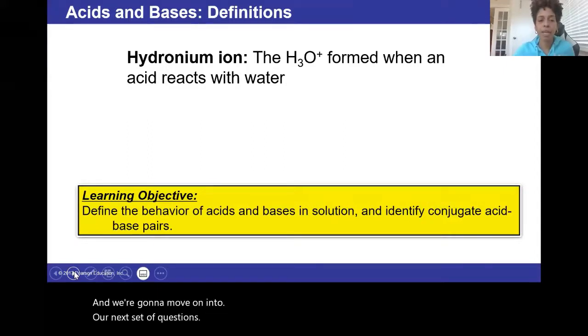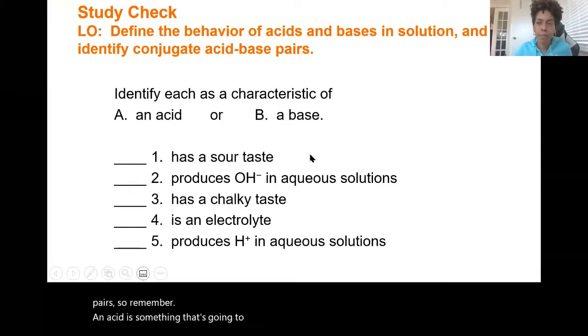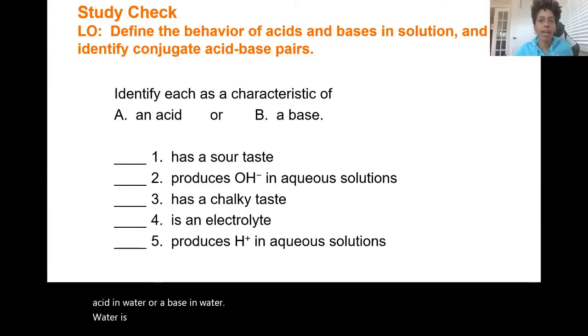So identifying the behavior of acids and bases in solution and identifying conjugate acid-base pairs. Remember, an acid is something that's going to donate a proton, whereas a base is something that's going to accept a proton. If we're just looking at an acid in water or a base in water, water is going to play either the acid or a base role.